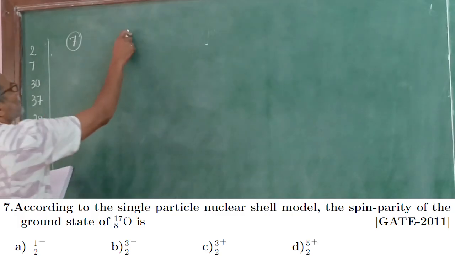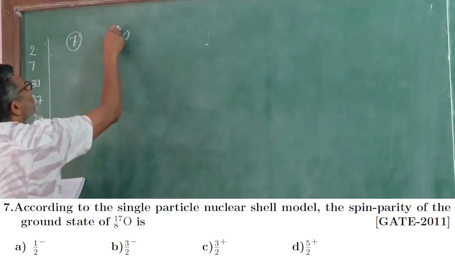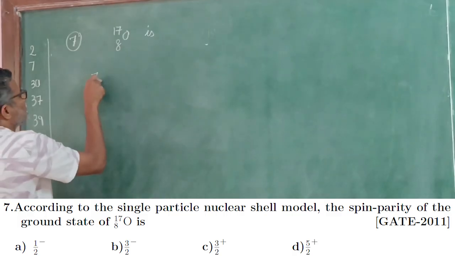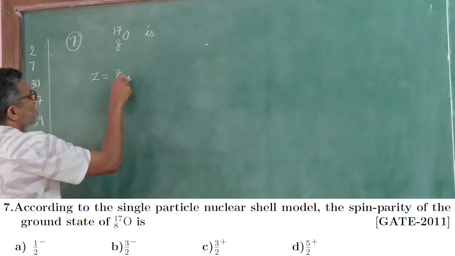According to the single particle nuclear shell model, the spin parity of the ground state of oxygen-17 is, spin and parity is asked. First, from the given information, the Z value, number of protons, is 8.